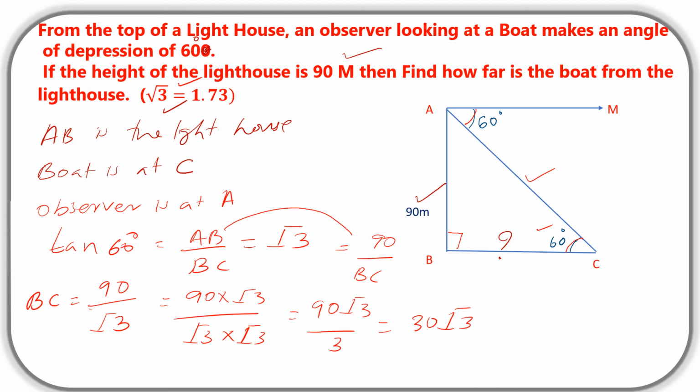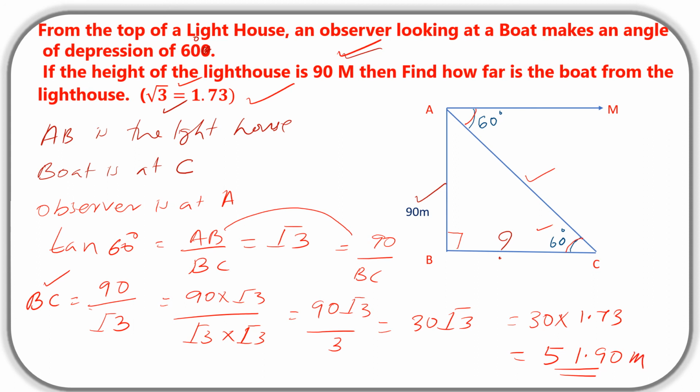This is what is BC, which is asked. And we know the value of root 3 is equal to 1.73. That means 30 into 1.73, which is equal to 51.90. So as it is given in meters here, this also will be in meters.